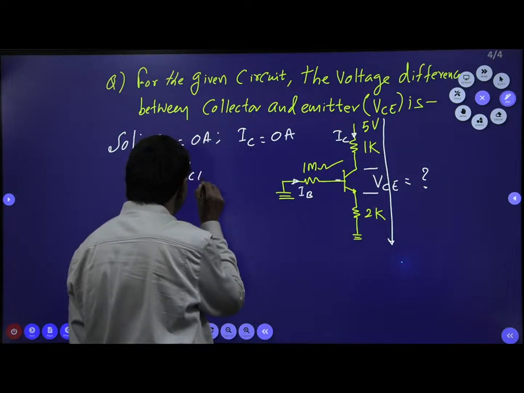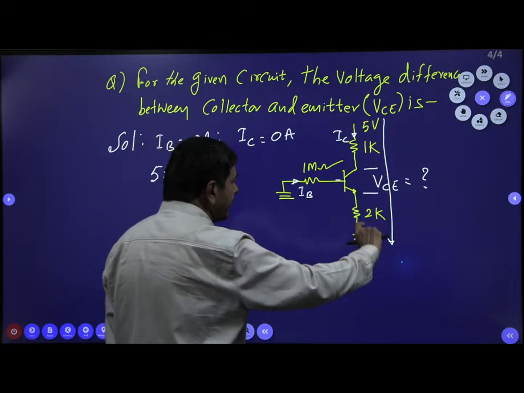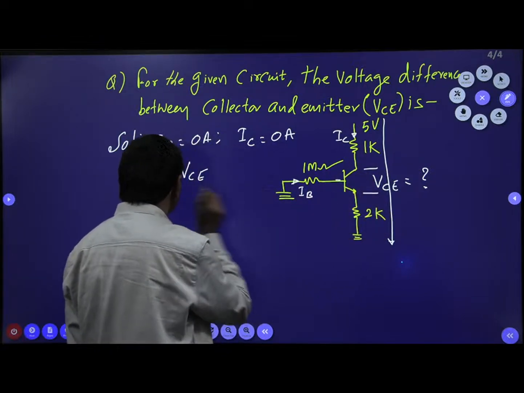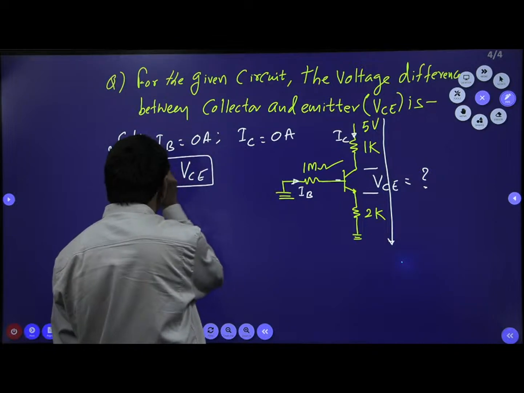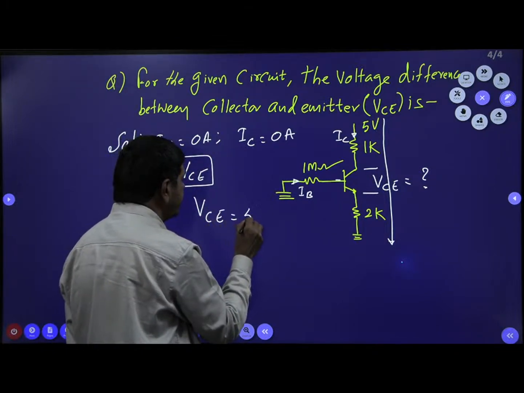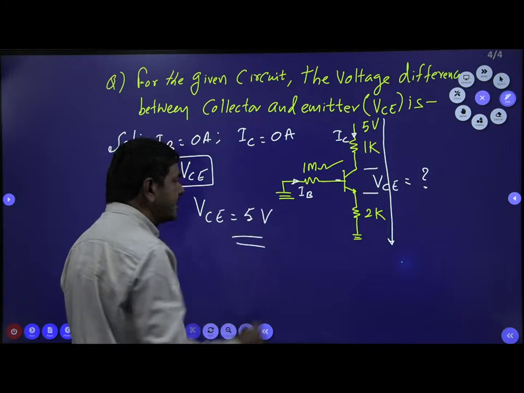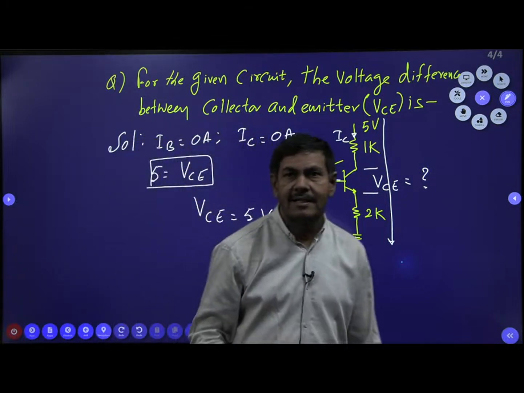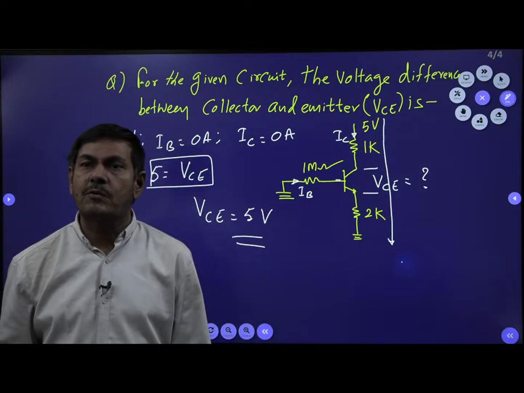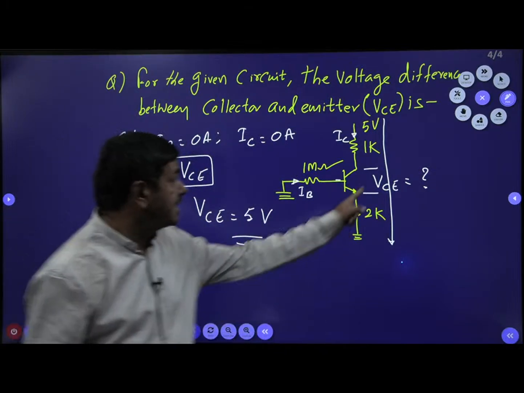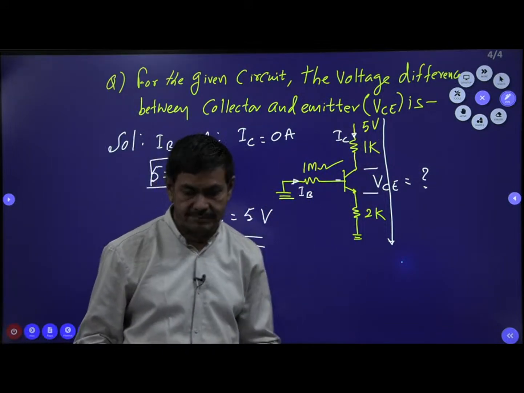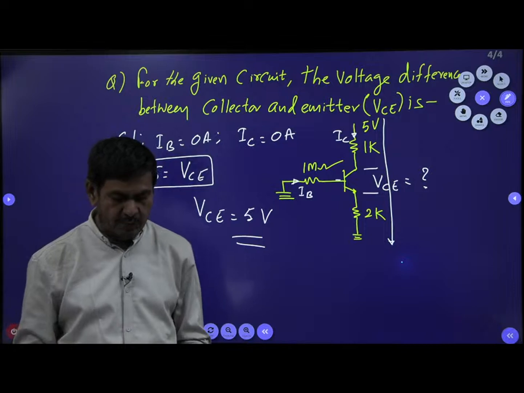Emitter current, IB plus IC, is also 0, so the drop across this 2K is also 0. Finally, VC equal to what voltage can we get? 5 volts. So we can write VC equal to 5 volts. Now we can say the transistor is in cut-off mode. In that case, VC equals VCC, and VCC is nothing but 5 volts. That is cut-off. Yes, now I will give one more question.